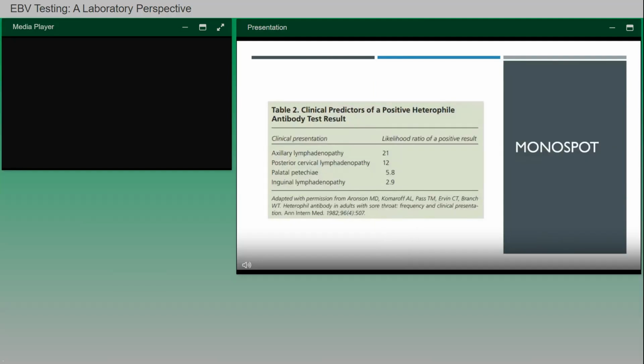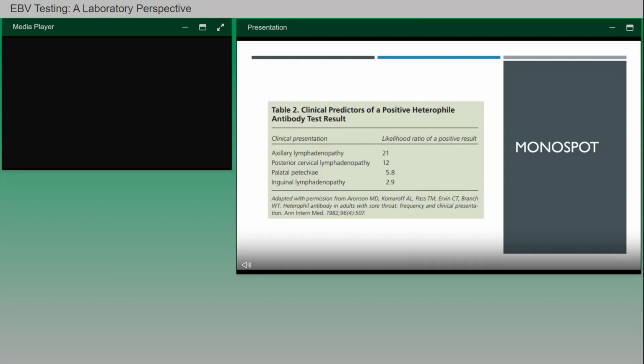I found this interesting little paper from 1982 that kind of gets at when Monospot testing is useful, or at least it helps me understand the presentation you're going to see when you get a positive Monospot. So this group looked at the predictors of a positive Monospot, or a positive heterophile antibody test result. And you can see the likelihood ratio of a positive result here.